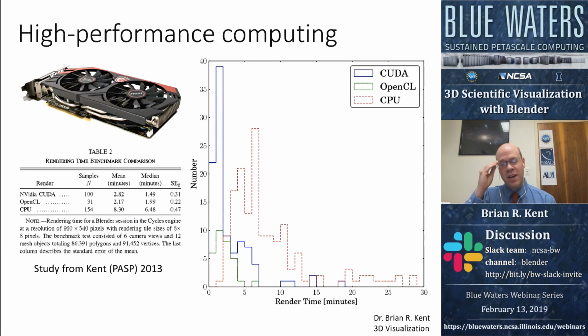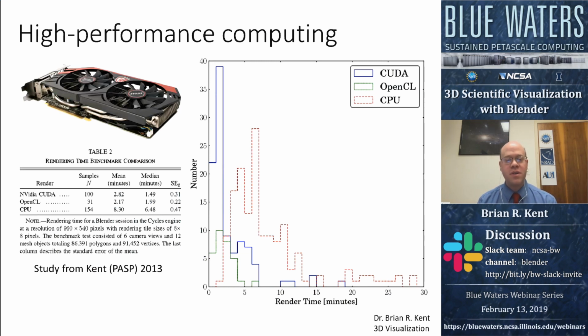But we can also take advantage of high performance computing. And as I'm sure many members of our audience listening today are familiar with, using GPUs is advantageous for speeding up your rendering. This graph on the right-hand side shows a histogram of what you get typically with a CPU there in the dashed red line.